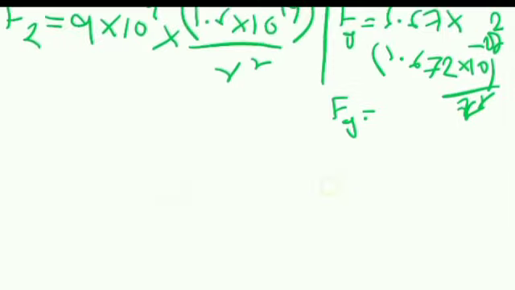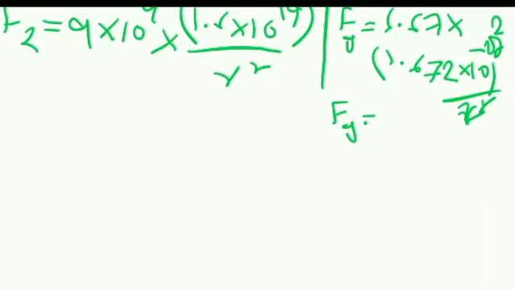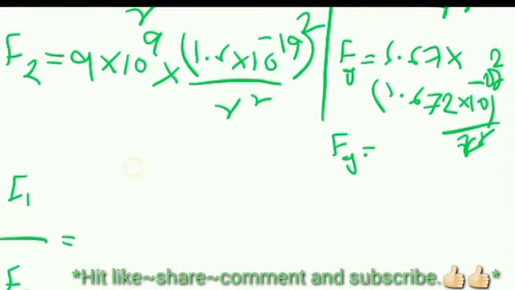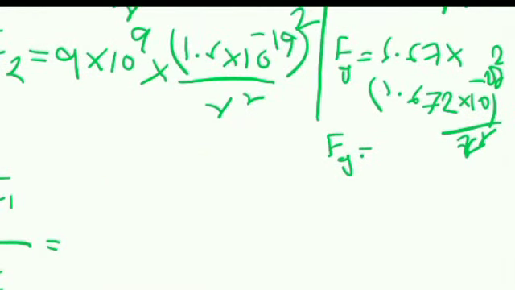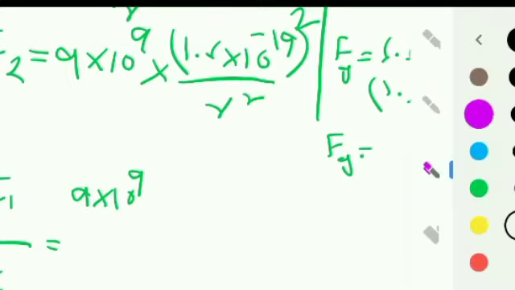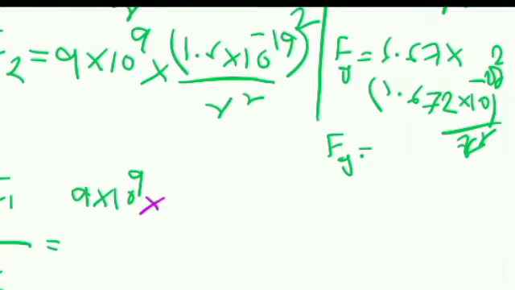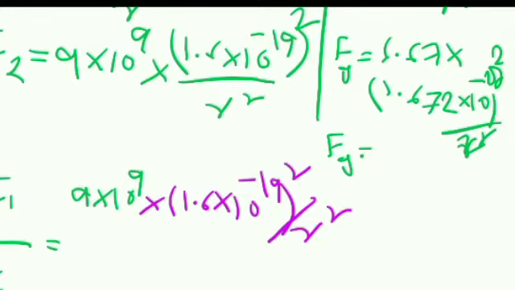Now for the ratio F1 by F2: F1 is equal to 9 into 10 to the power of 9 into (1.6 into 10 to the power of minus 19 coulombs) whole square by R square.